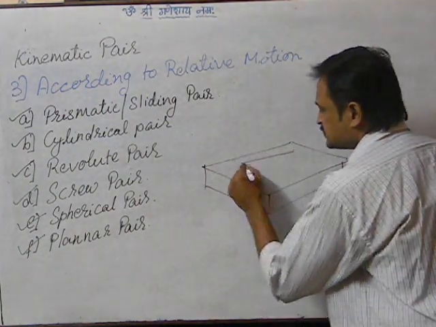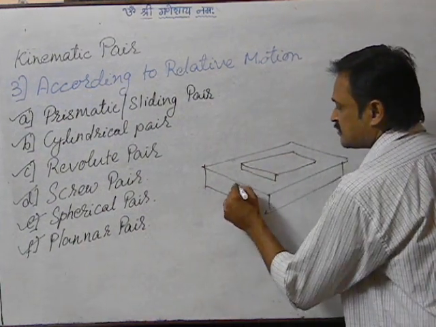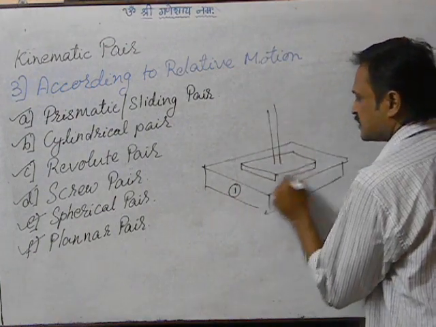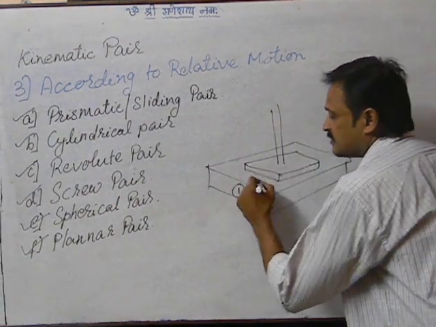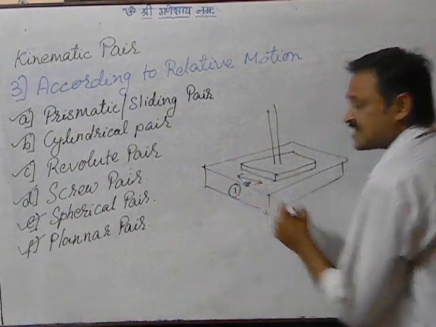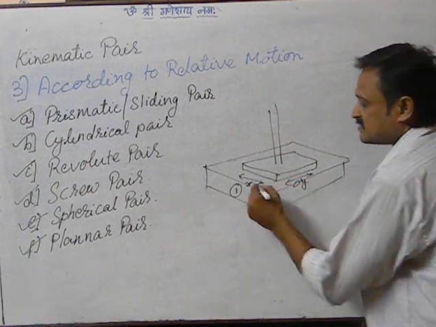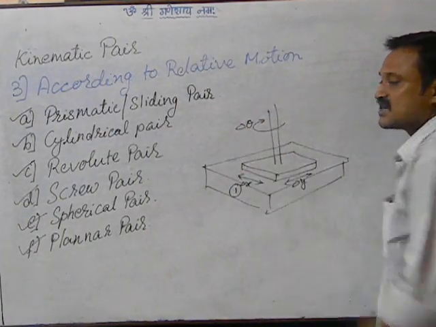So maybe this is the member. This is link number 1, and let us say this is some link number 2. In this case it can slide in this direction, let us say X direction, and it can slide in this direction, let us say Y direction, and as well it can turn, so delta theta.